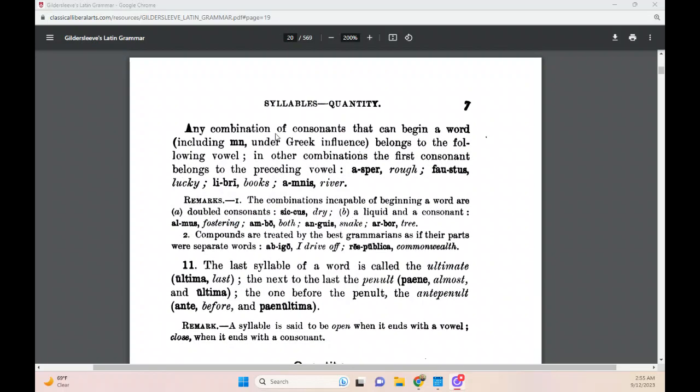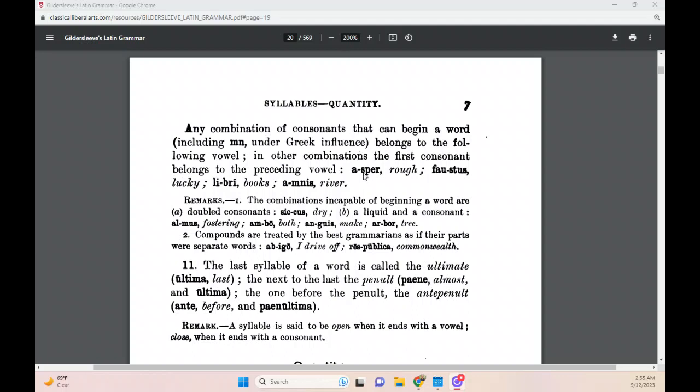So any combination of consonants that can begin a word belongs to the following vowel. And we've got some examples here. So for example, we have the word asper, which means rough in Latin. Now you see there's a vowel A and another vowel E, and there's two consonants in between those two vowels.